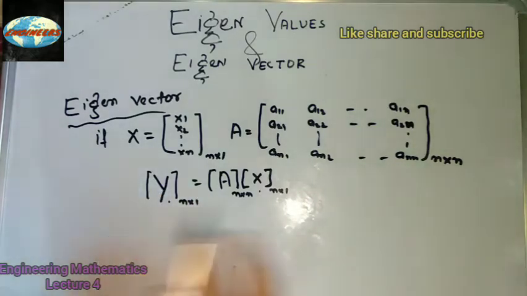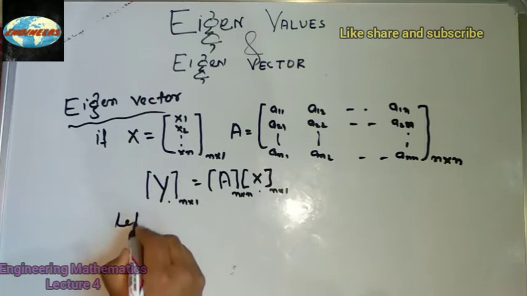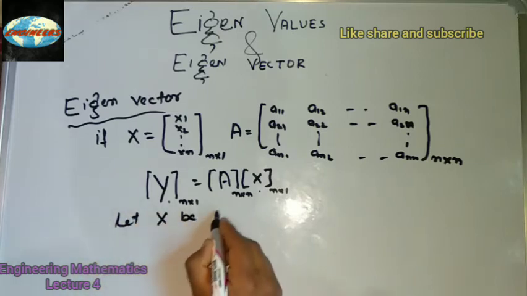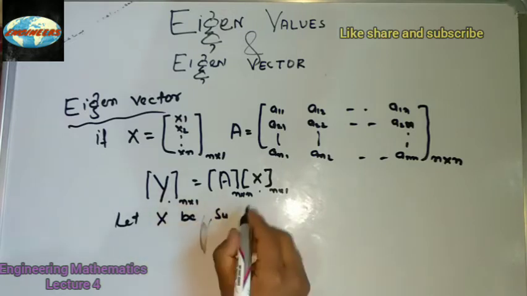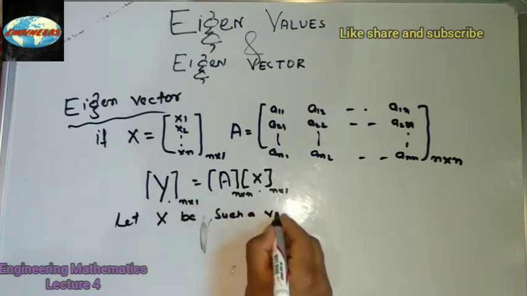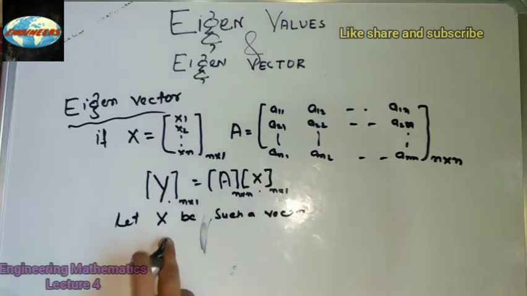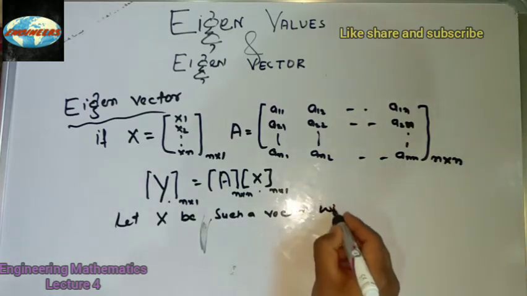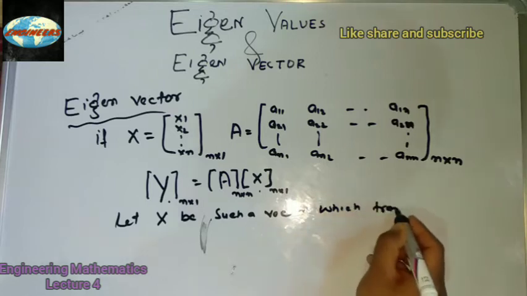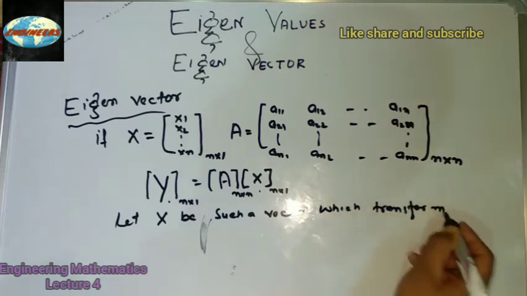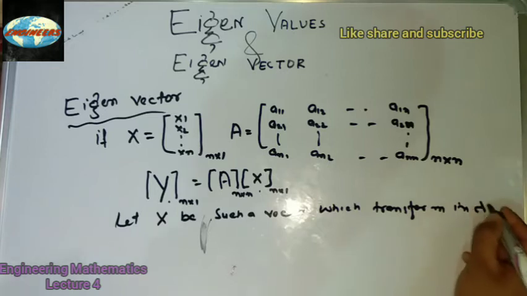So let X be such a vector which transforms into itself or a scalar multiple of itself. Here we are saying that X is such a vector which transforms into lambda times X, that is, a scalar multiple of X.